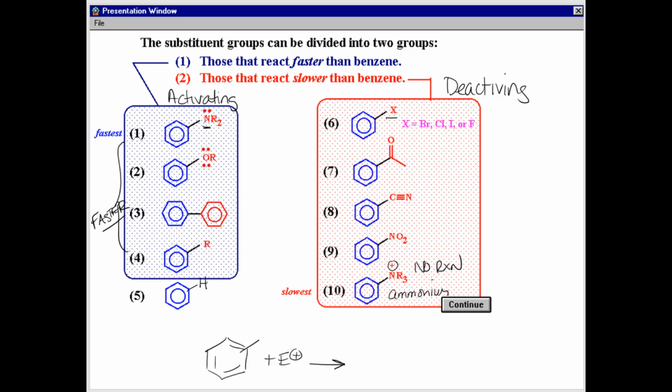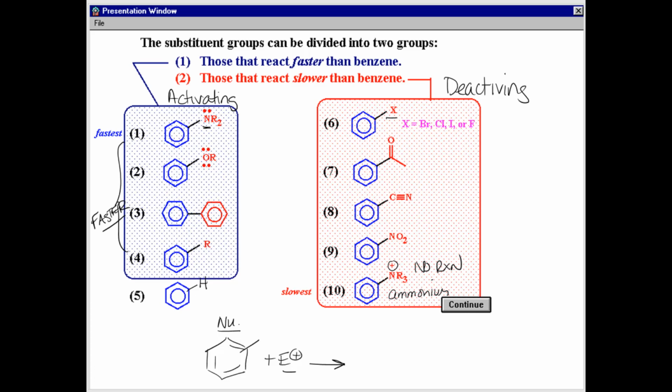Now, what causes a group to be activating or deactivating? In order to understand that, we have to look at the basics here. My electrophile, my benzene ring is my nucleophile. So how can I make the nucleophile react faster? Make it more nucleophilic.